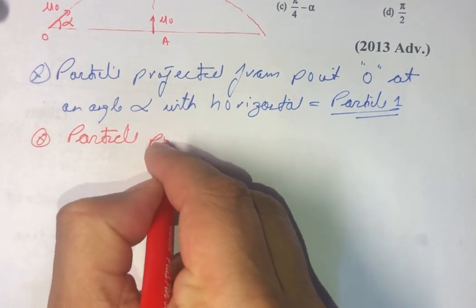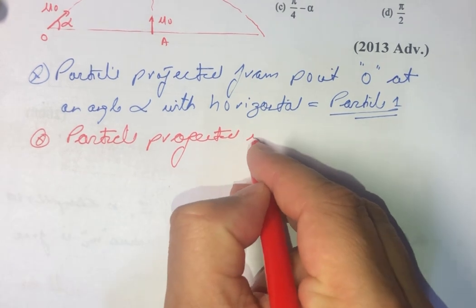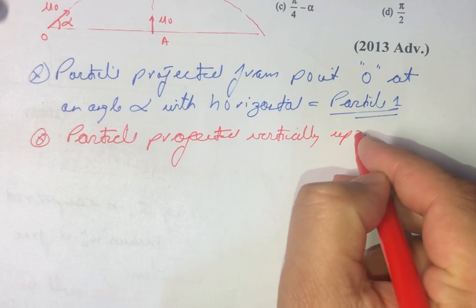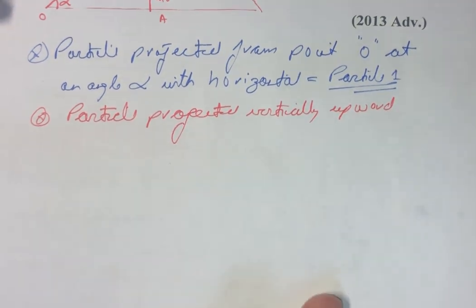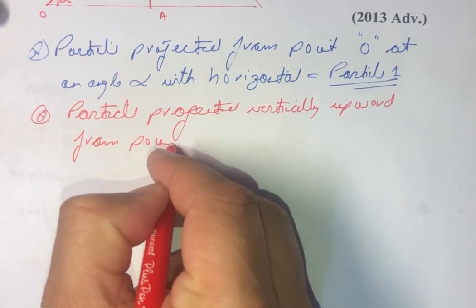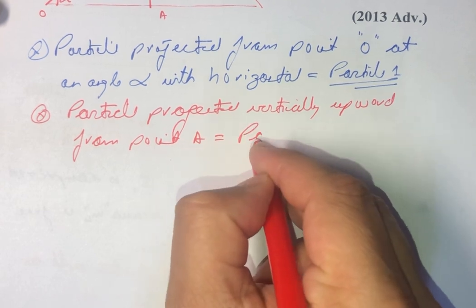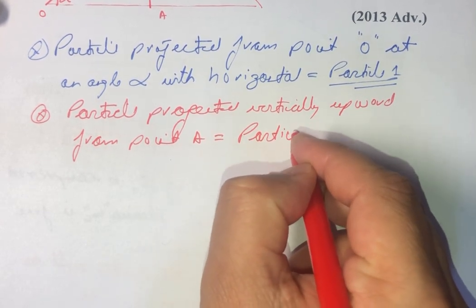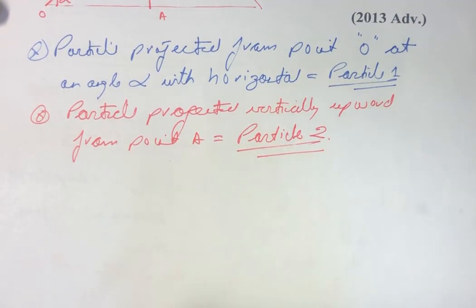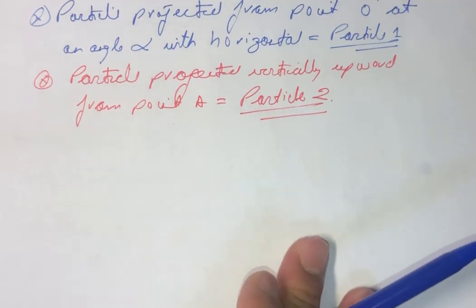the particle projected vertically upward from point A is called particle 2, and they both meet at point B, sorry.